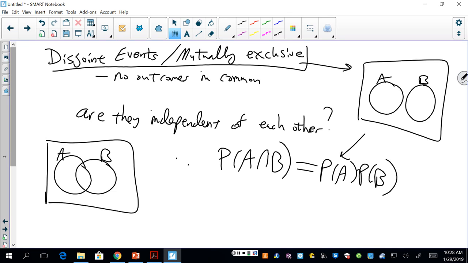Could you take the probability of the circle A times the probability of B, multiply them, and get the probability of some type of intersection?